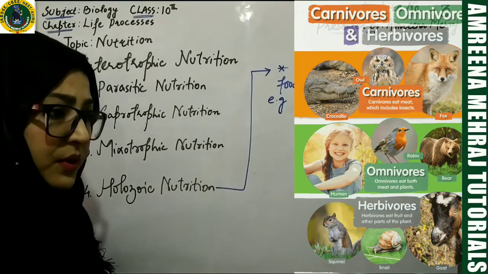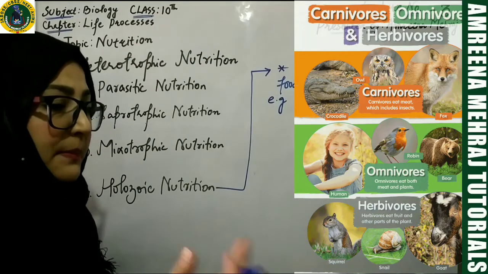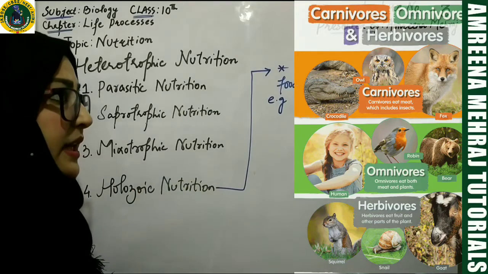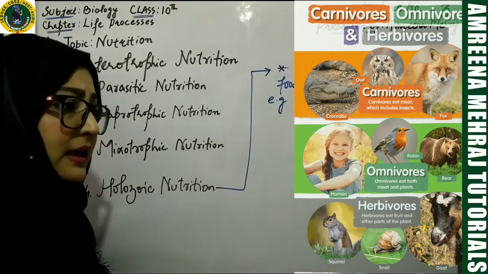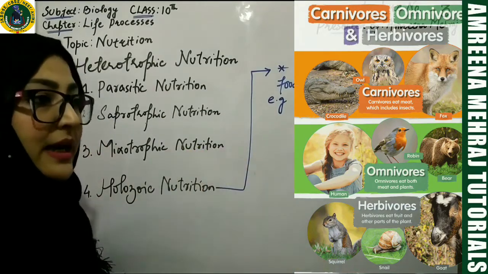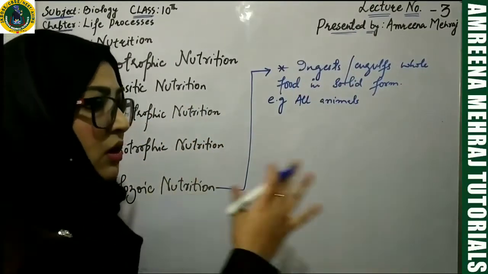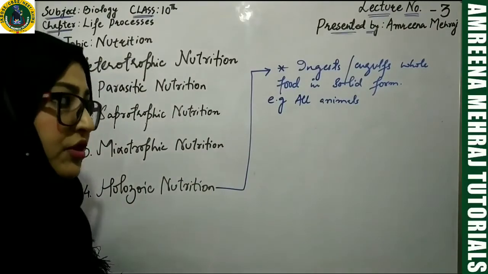Or we take the omnivores, say for example, man himself, or the bear. All these organisms are basically doing what? They are engulfing some solid food, and then they are getting the nutrition from that solid food. Now, how they are getting the nutrition, that is going to involve a couple of steps. So, all animals are going to show generally this holozoic mode of nutrition.